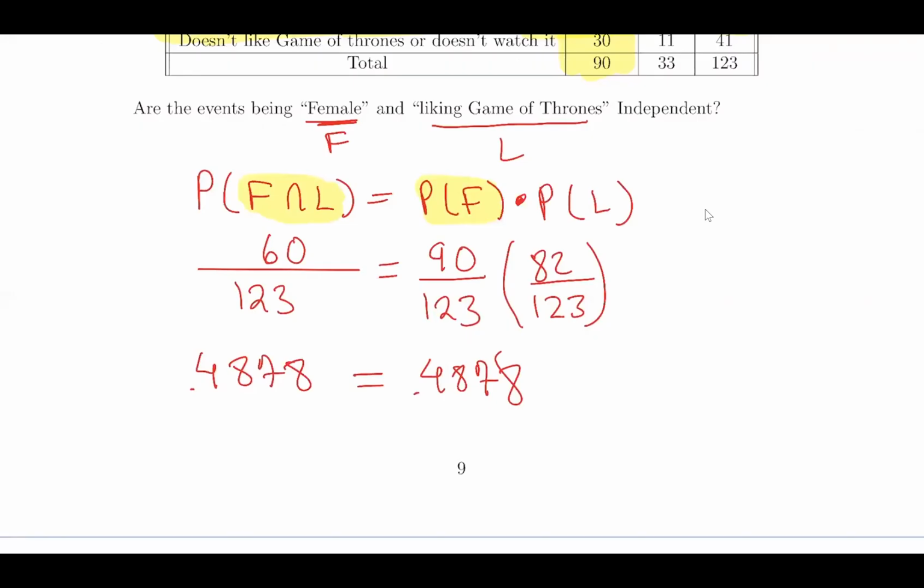If you look, we get the left-hand side to be 0.4878, and the right-hand side to be 0.4878.